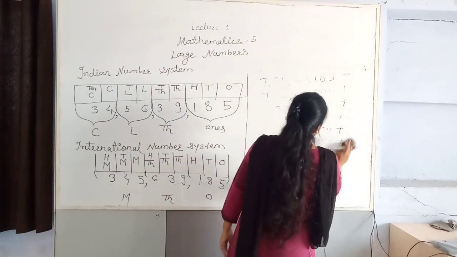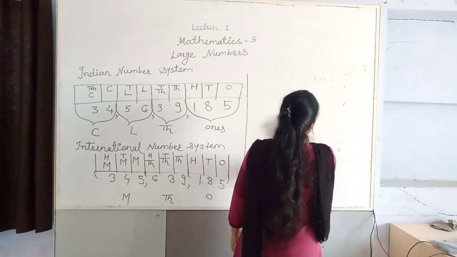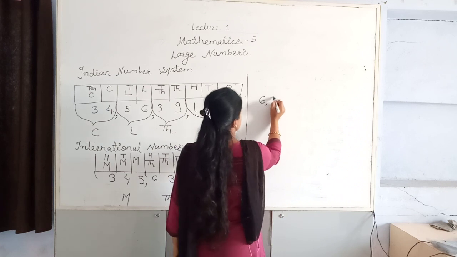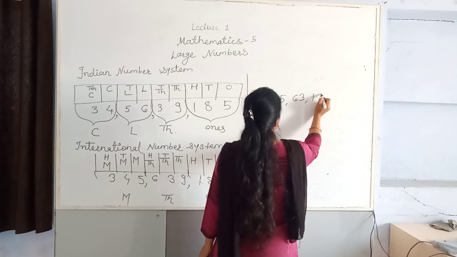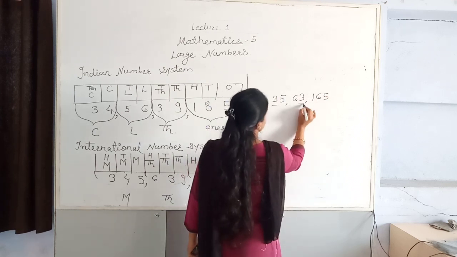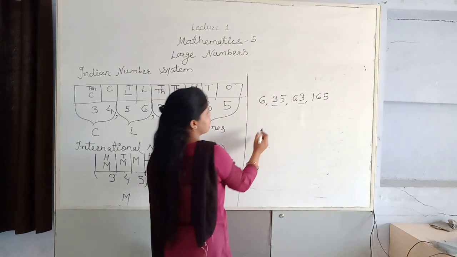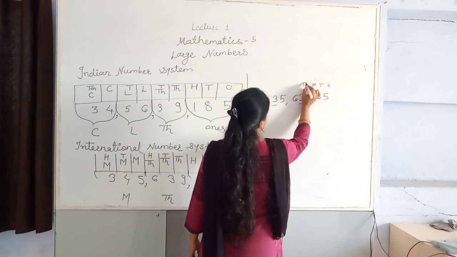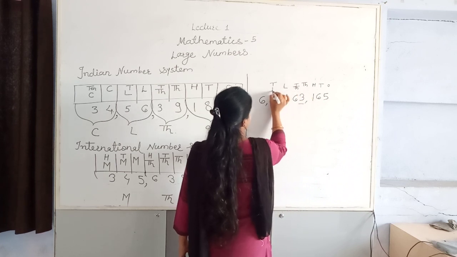Now we will see what is the difference between place value and face value of a number. So one example I will write here: 6 crore 35 lakh 63,165. If you see here, the digit 3 comes 2 times, but their place values are different. If you see here, it is 1, 10, 100, 1000, 10,000, lakh, 10 lakh and crore.